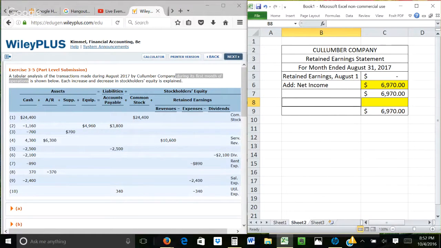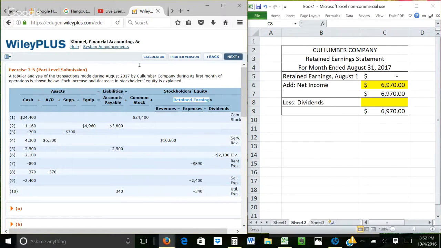If we can remember the equation for retained earnings, it's the beginning retained earnings plus net income minus, or less, dividends. And we'll find under the retained earnings that we have our dividends, and they had $2,100 during the month of August.